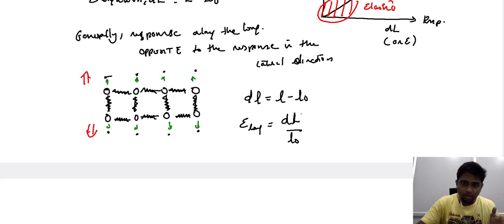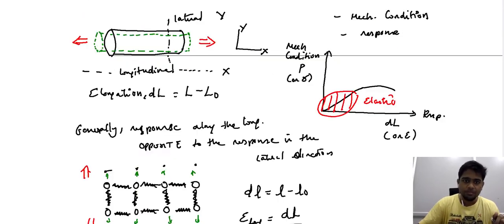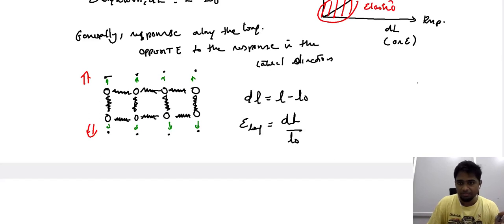Now we can offer a similar description for the change in the dimension along the lateral direction. So for that, let us consider the width of the sample to be B0, the original width of the sample to be B0.